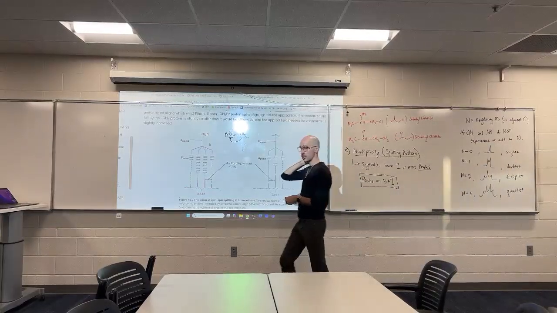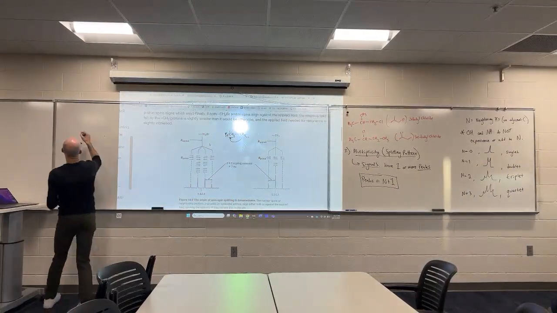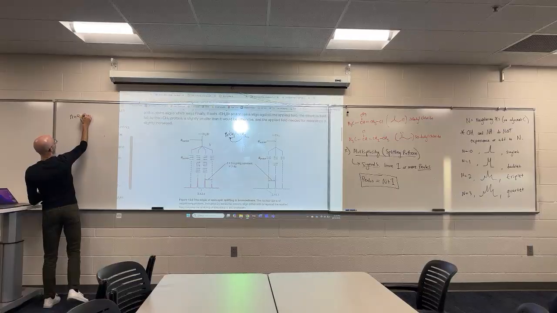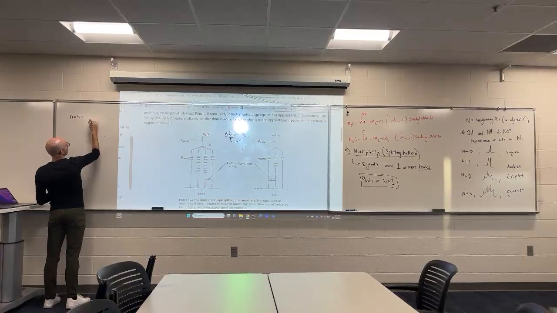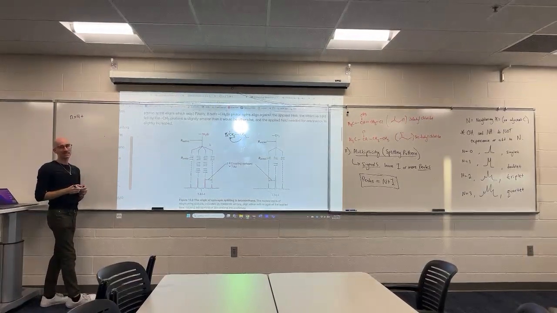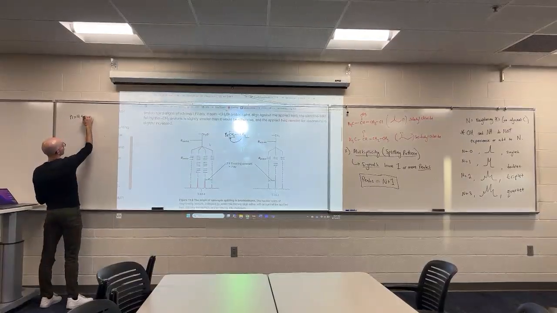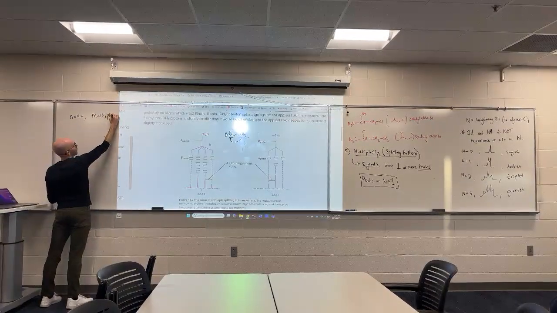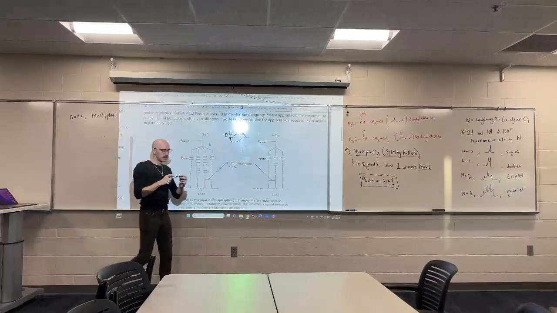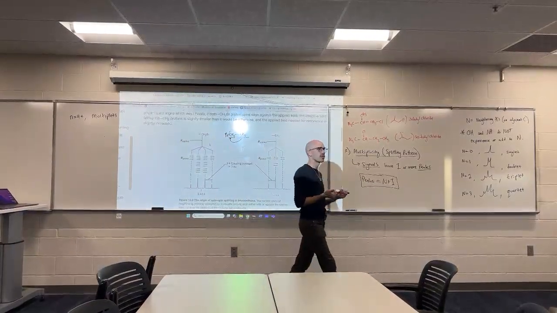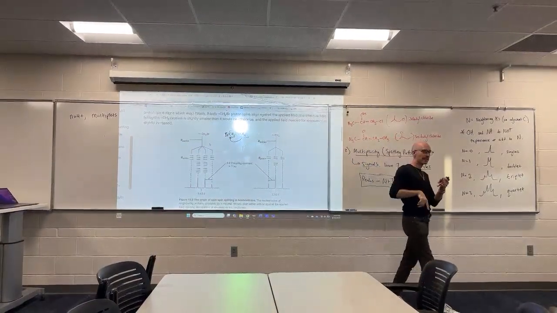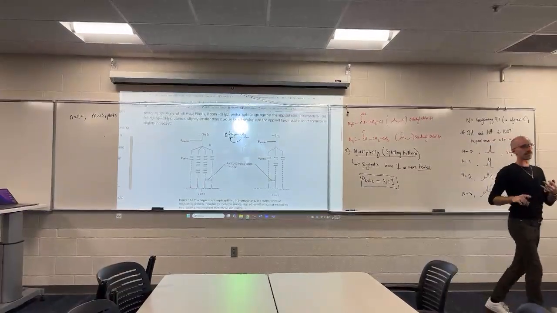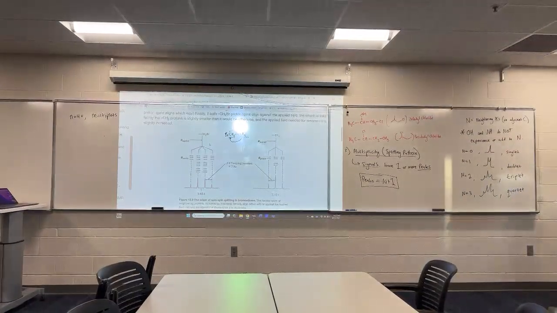For anything larger than this, n equals 4 plus, the signals can get pretty complex. And we often refer to them as multiplets. Of course, you'd have a quintet, a sextet, a septet, an octet, a nonet.